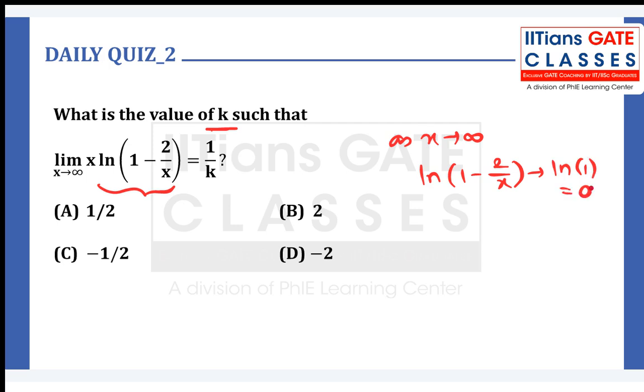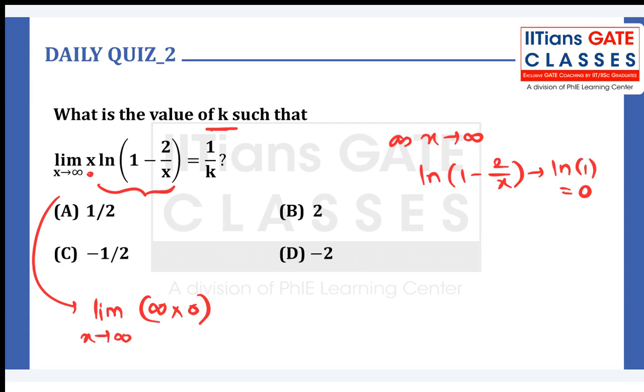Natural log of 1, or log of 1 for any base, is 0. So basically in this limit, x is tending to infinity and this term will tend to 0. This is what is happening here.